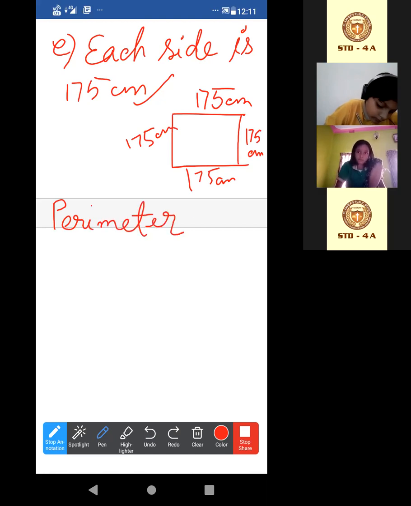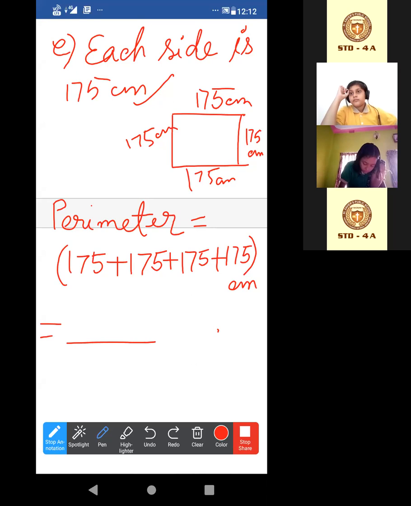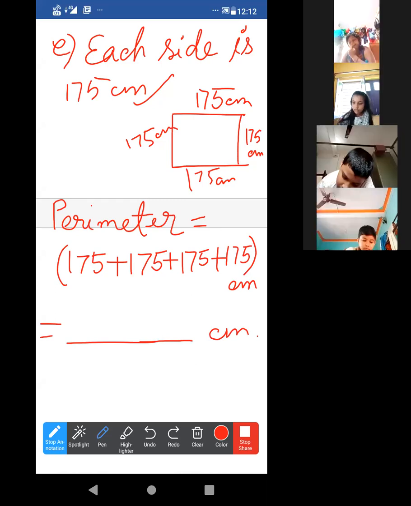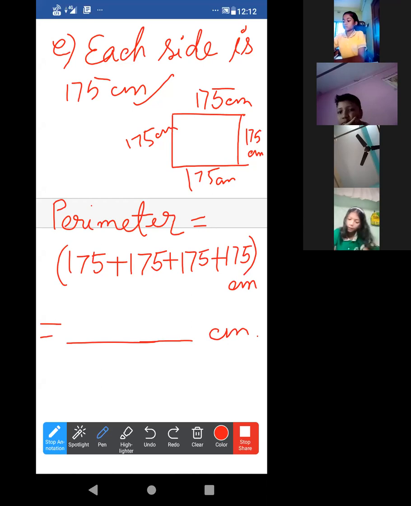Okay, so directly write perimeter. One question I am doing in that process, adding 4 times. So it will be 175 plus 175 plus 175 plus 175 centimeter. Find out this one. Mehriya, Nusaiba, Shifat, Shayon. Shayon, say the answer.